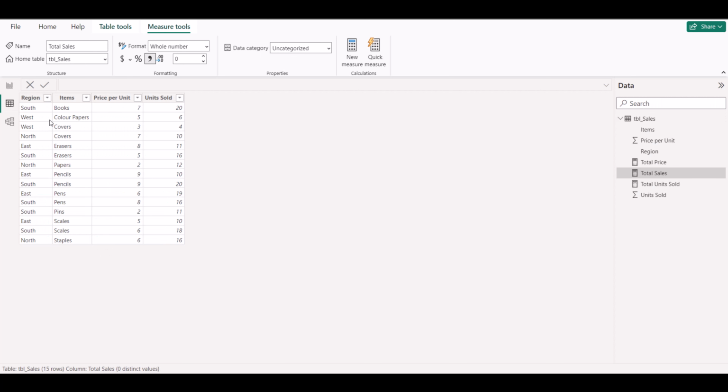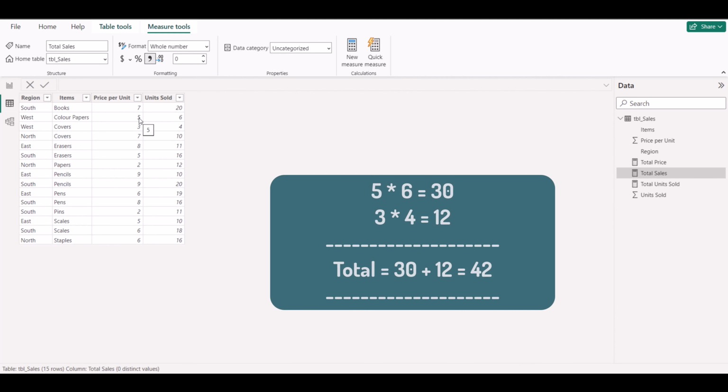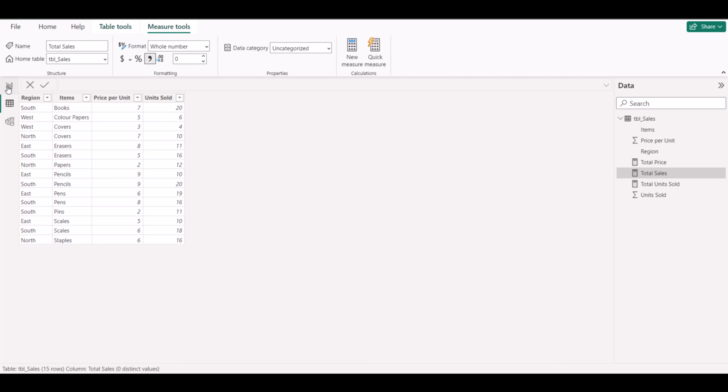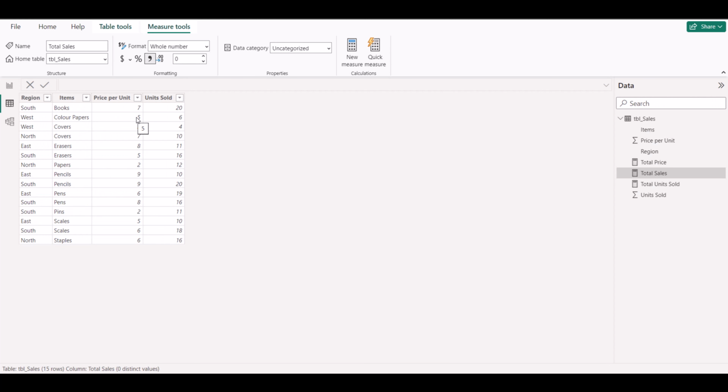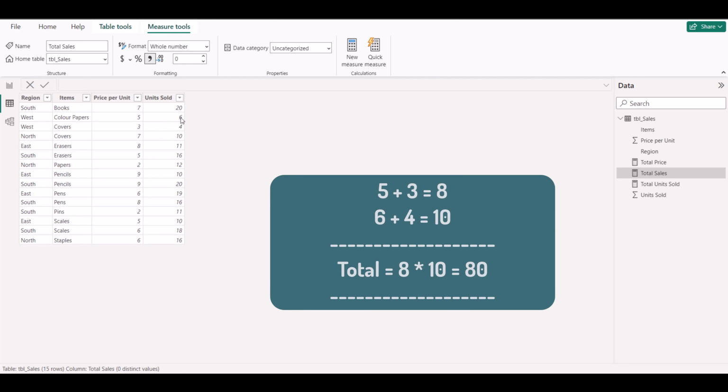Because when you go to the table view, here you can clearly see for the West region 5 times 6 is 30, 3 times 4 is 12, 30 plus 12 equals 42, whereas we are getting 80. That means 5 plus 3 is 8, 6 plus 4 is 10, 8 times 10 equals 80, which is absolutely wrong.